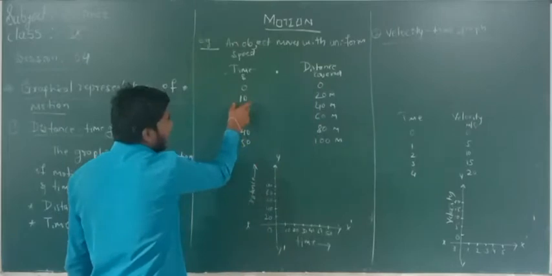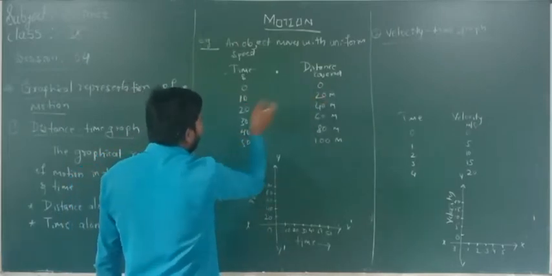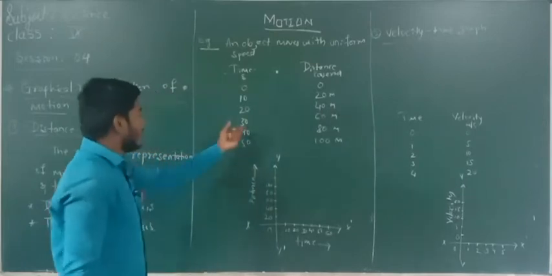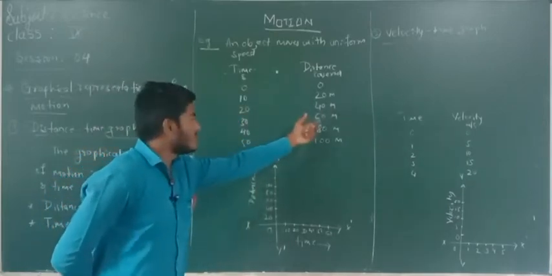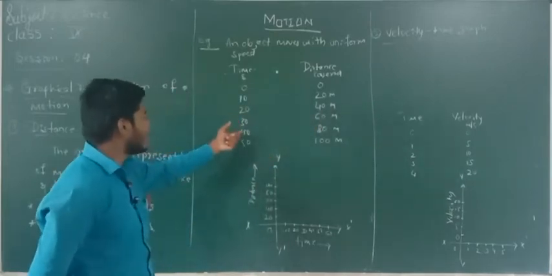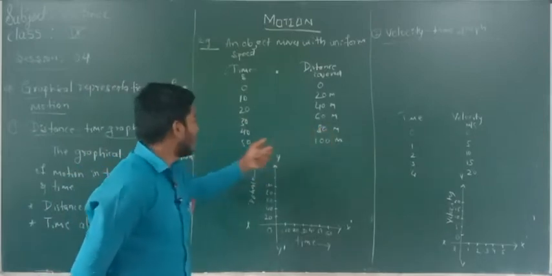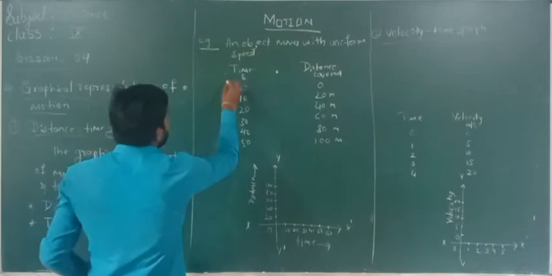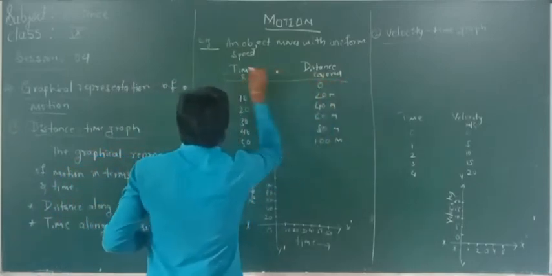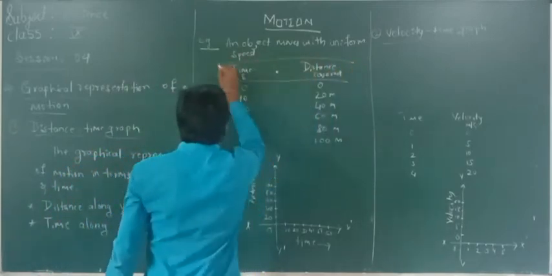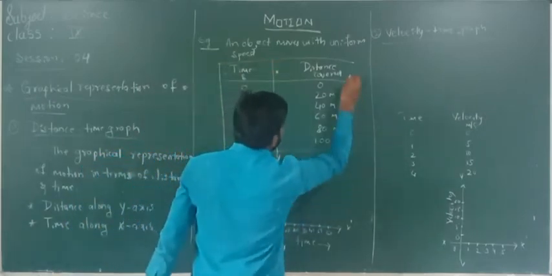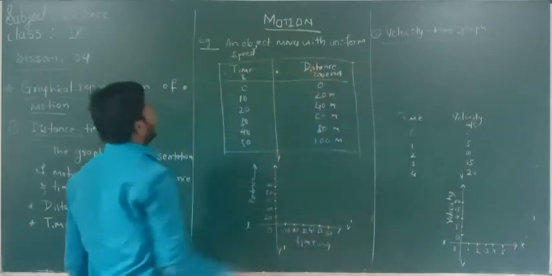After 10 seconds, it covers 20 meters. After 20 seconds, 40 meters. After 30 seconds, 60 meters. After 40 seconds, 80 meters. After 50 seconds, 100 meters. This is the data of a car which moves with a uniform speed.